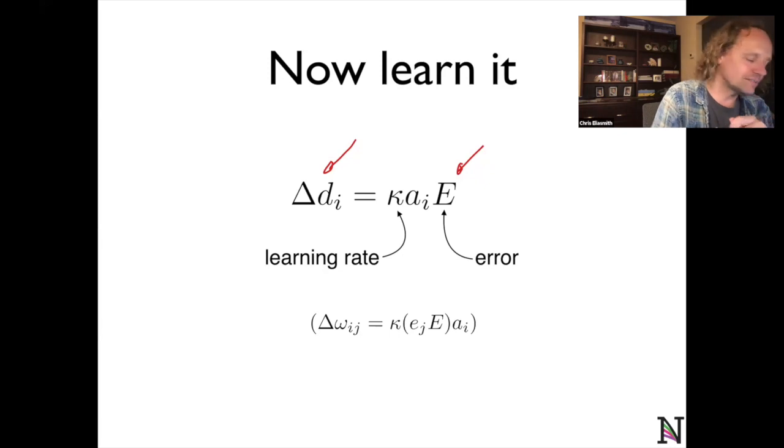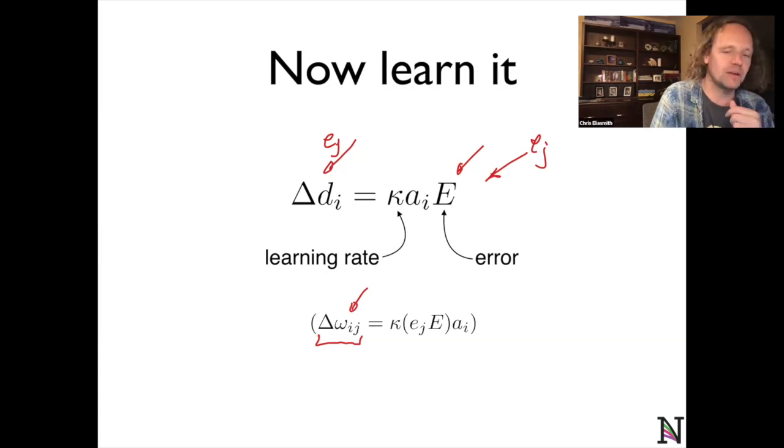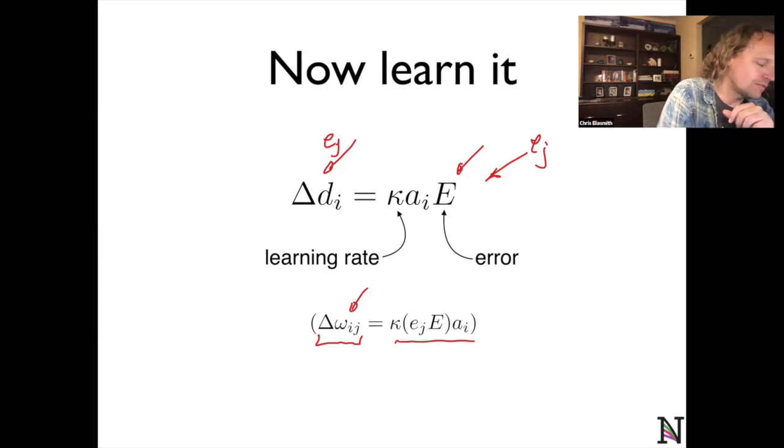Well, not a whole lot, because since we know that the connection weights are equal to the decoders times the encoder, we can multiply both sides of this equation by our encoders in J. So just multiply by EJ on both sides. And now we've got a learning rule which is actually telling us how to change the weights at every point in that weight matrix in order to compute whatever function we're getting information about through this error, right? So the first example we saw, this error was equal to x minus y, or actually at the time it was x minus x hat, because we were just doing a decoding of the population.